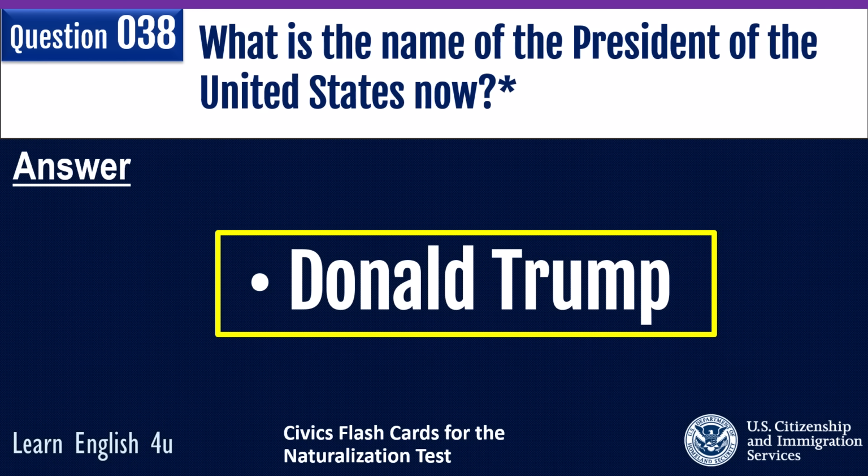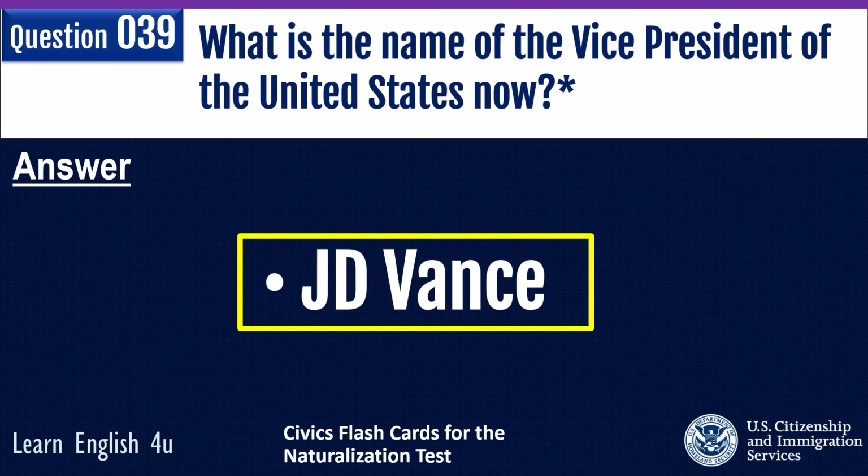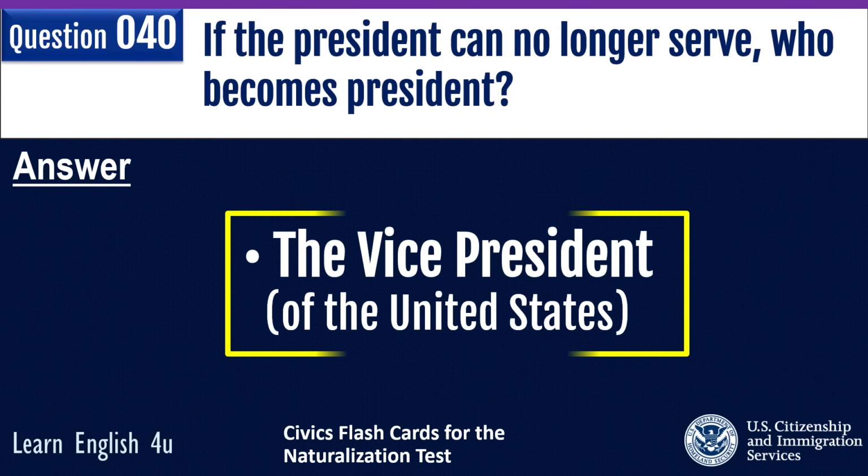Donald Trump. What is the name of the Vice President of the United States now? J.D. Vance. If the president can no longer serve, who becomes president? The vice president.